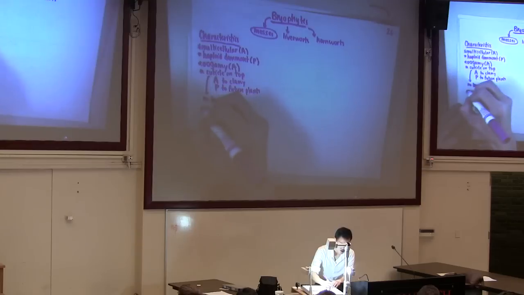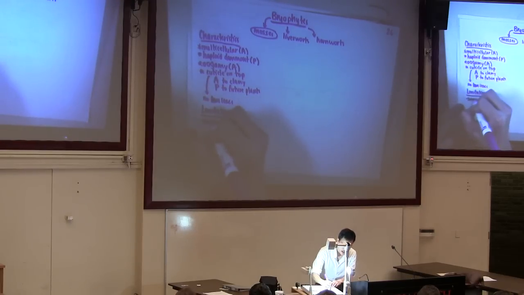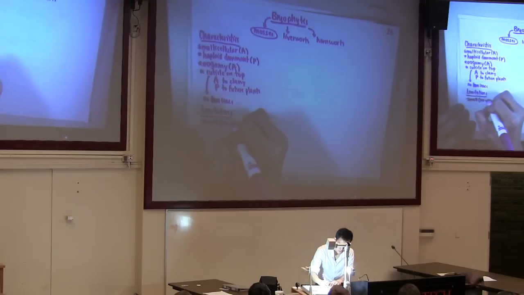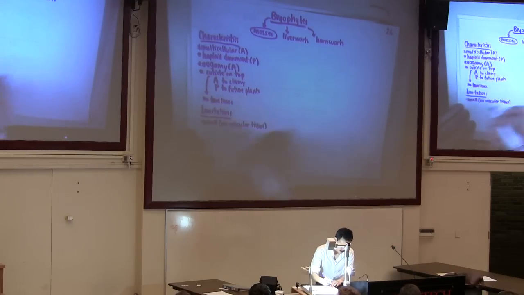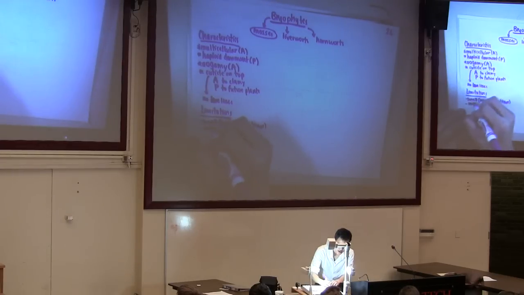Okay. So these are major characteristics. What are some limitations? Yeah, they're small. They're small because why? No vascular tissue. Can they live in the desert? No, they're limited to moist environments. Right?